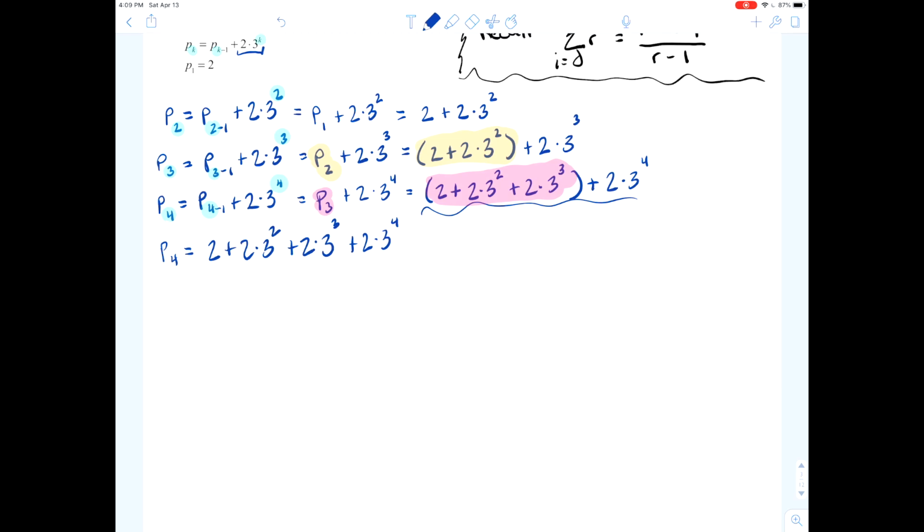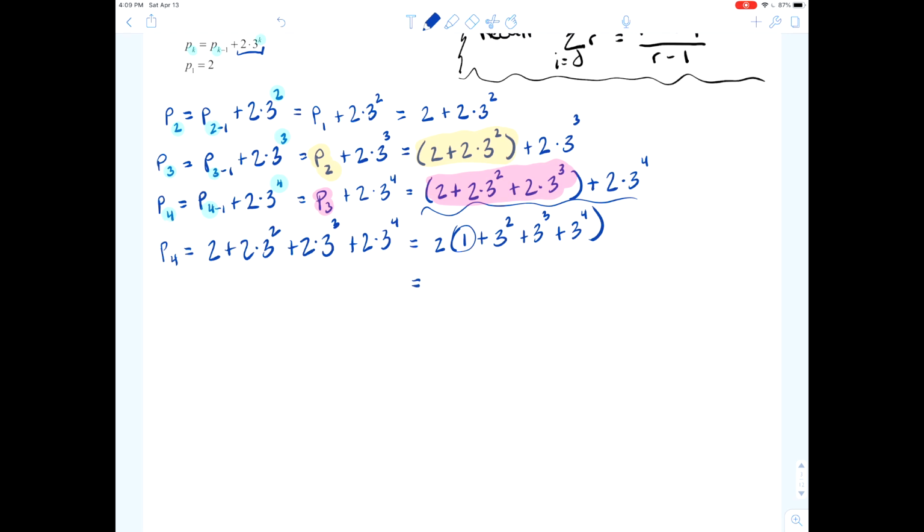Well, we could factor out a 2, right? And if we factored out a 2, what would we have? We'd have 1 plus 3 squared, right? Plus 3 cubed plus 3 to the 4th. Well, that would have been really cool if this had been like 1 times 3 to the 1, right? But this 1 doesn't lend itself to the pattern. Well, okay.